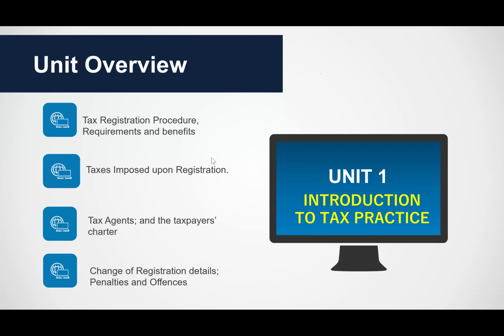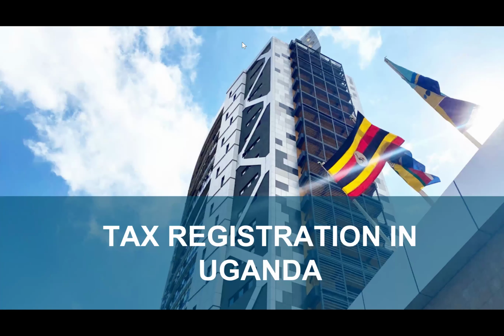So as most of you know, the mandate to register taxpayers in Uganda is with URA. They have that mandate to ensure that taxpayers are registered and they are recognized as eligible to pay taxes or to benefit from the registration of taxes.